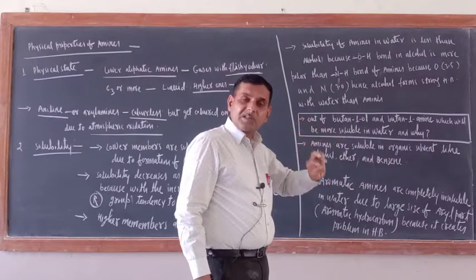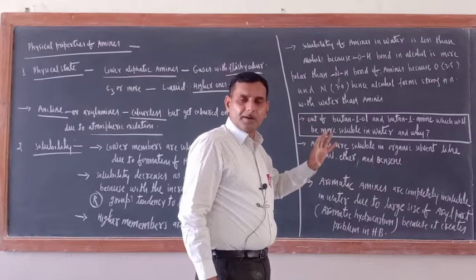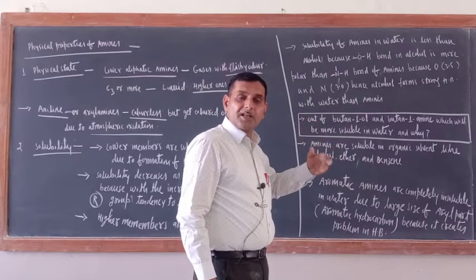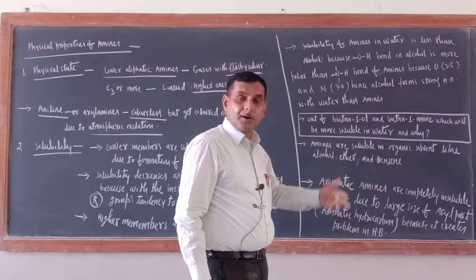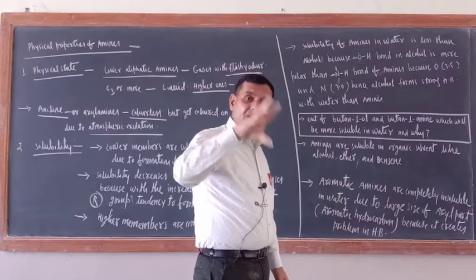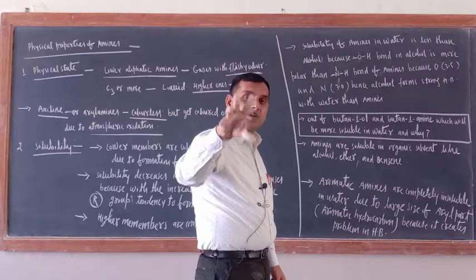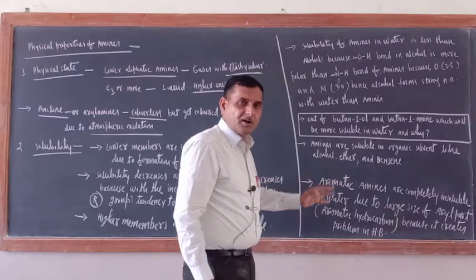And for the formation of hydrogen bond with the water, their functional group should be polar. So greater the polarity of functional group, greater will be the tendency to form hydrogen bond, or you can say stronger hydrogen bond will be formed with the water and more will be the solubility. Have you got it or not?